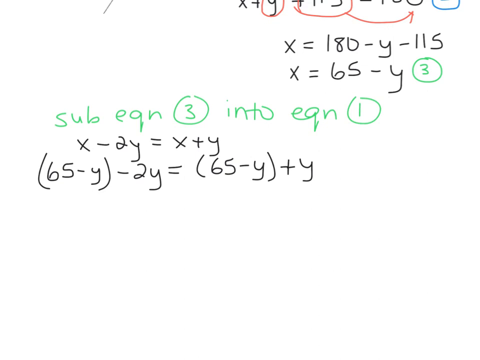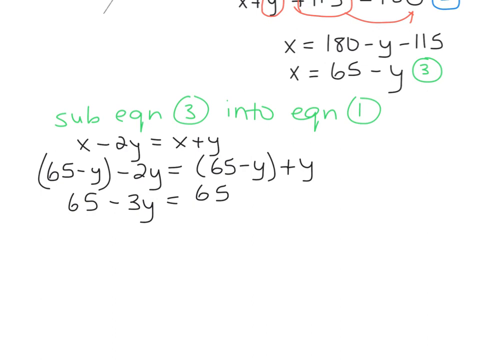So on the left-hand side, I have 65, and then I have like terms with negative y minus 2y. So I can put those together, and that's going to give me negative 3y. And then on the right-hand side, I have 65, and then I have negative y plus y. Those are like terms again, so I can put them together. But negative y plus y is just 0. So those are going to cancel out.